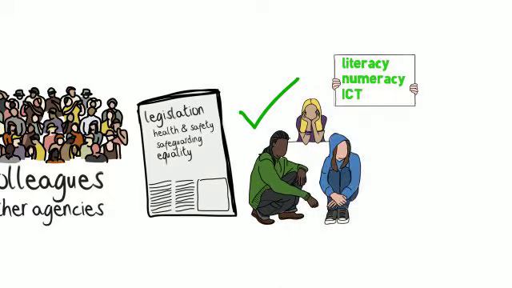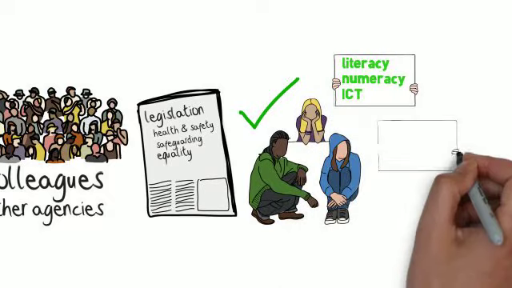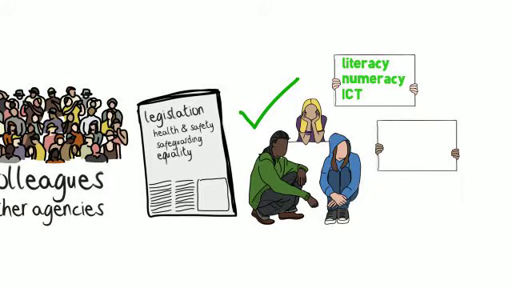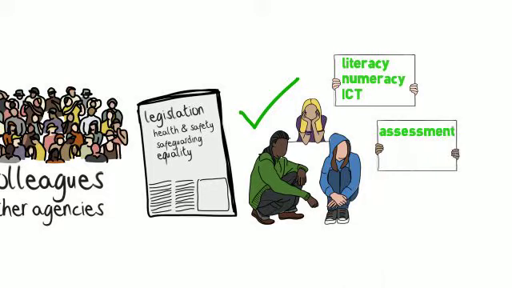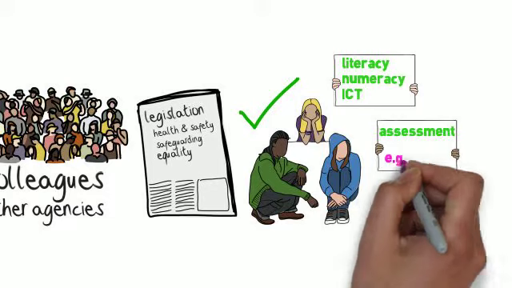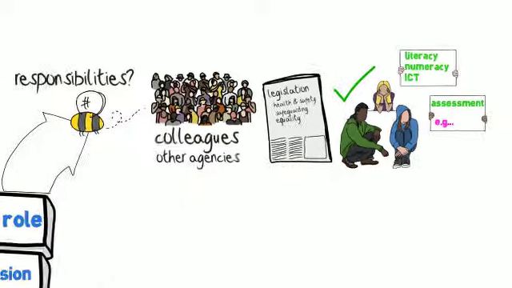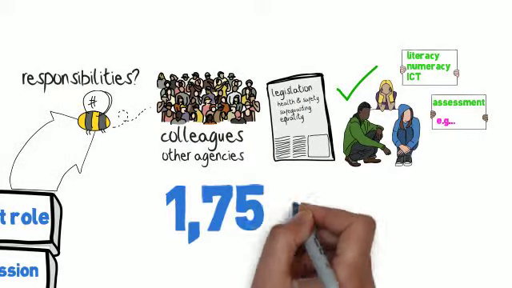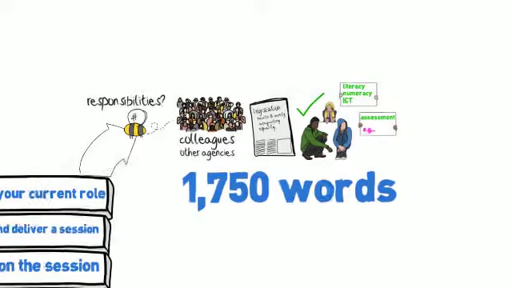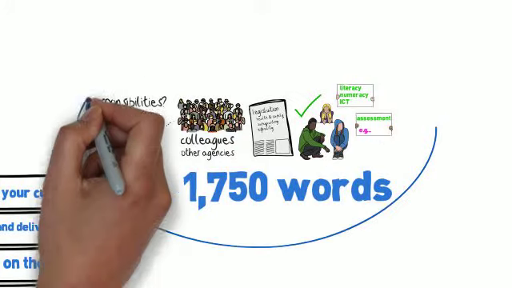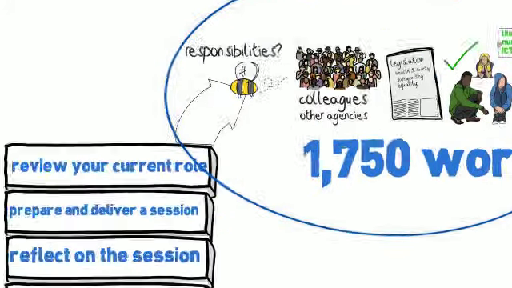You'll discuss ways in which you embed literacy, numeracy and ICT, and also explain some of the strategies that you use to assess your learners using examples from your own teaching to make a good explanation. Now, all of this together will make up about 1,750 words of your assignment, and that completes section 1.